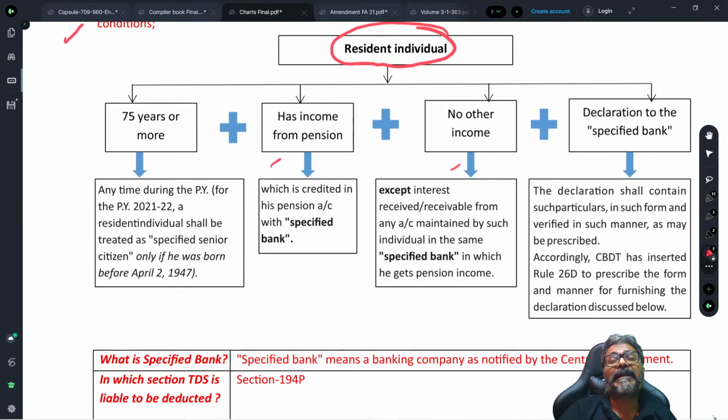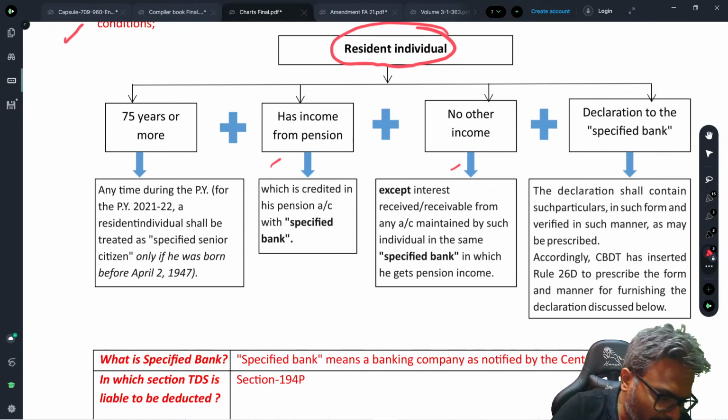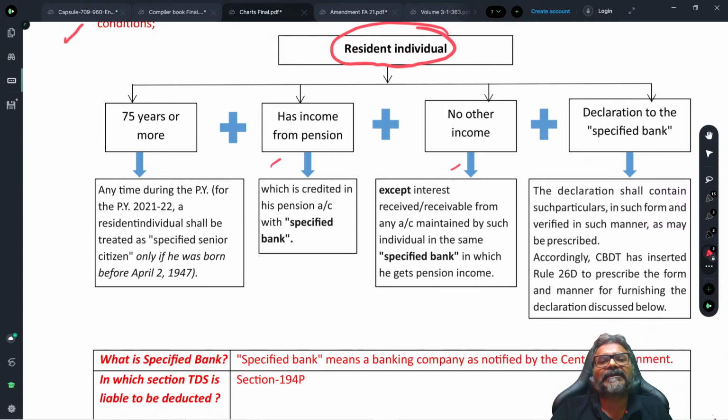So the bank will calculate what would be the tax amount in that regard. Which type of pension is taxable? If it is commuted pension or uncommuted pension, we have to go with the concept of salary that we have done.